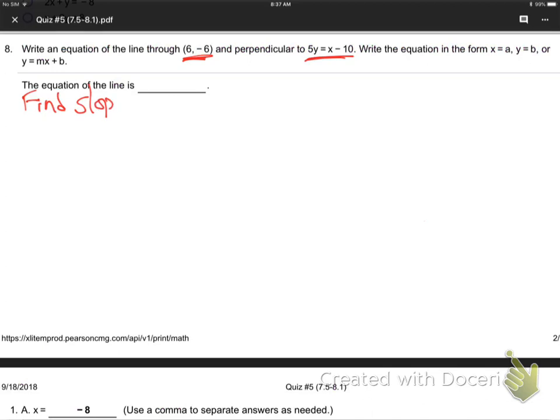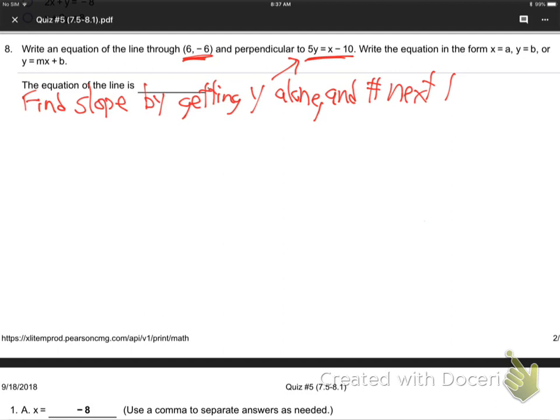So I'm going to find the slope by getting y alone, and the number next to x is the slope, right? Because it's y equals mx plus b.